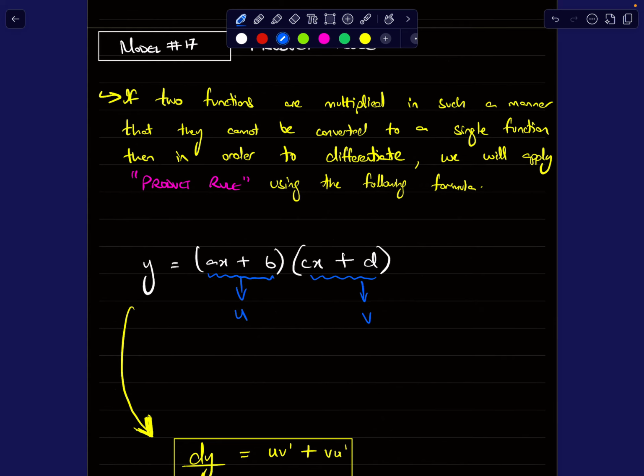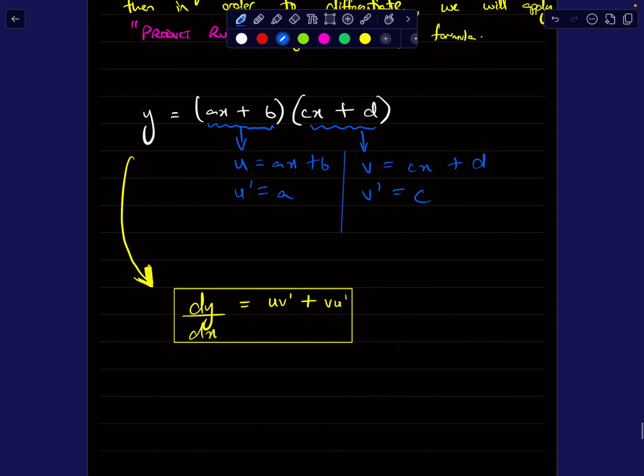So in my case, cx plus d is v and ax plus b is u. U prime, that is the differential of u, is going to be a. Similarly, the differential of v is going to be v prime, which is simply c.